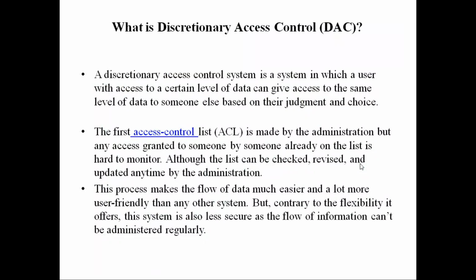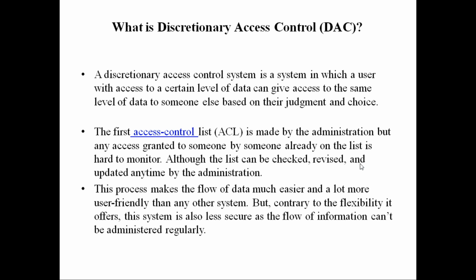The next method of access control that we are going to study is the discretionary access control method. In this model, what happens? The discretionary access control system is a system in which a user with access to a certain level of data can give access to the same level of data to someone else based on their judgment and choice.